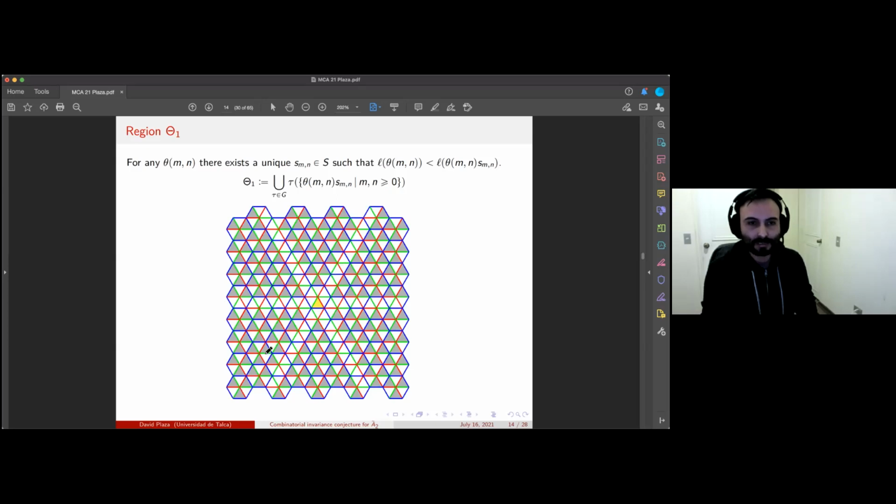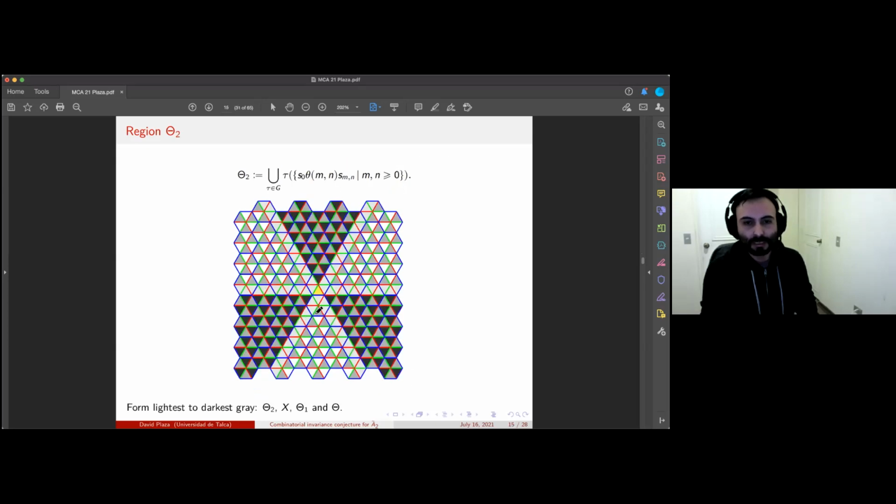The last region, region theta 2, is defined similarly. In this case, we first consider elements s0, theta mn, smn, and their g orbits. And graphically, these correspond to the white triangles in this picture.